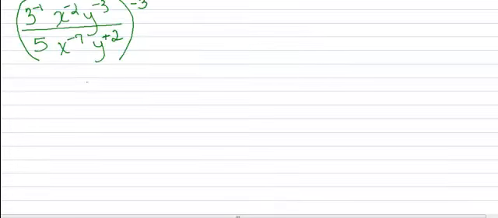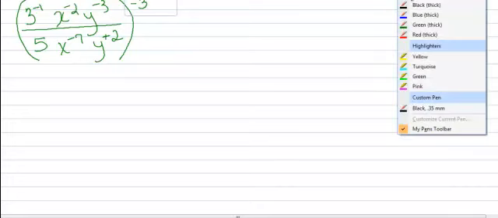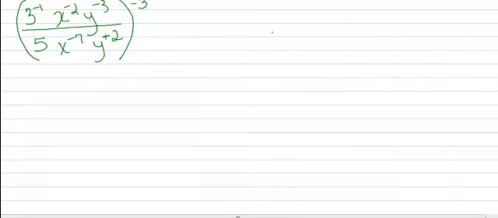Okay, so we're just going to do something that's a little bit more complex. And remember, whenever we see these things, the first instinct should be to simplify what's inside first. Remember, we're always thinking order of operations. So we're going to simplify the numbers. Then we're going to look at the x's.